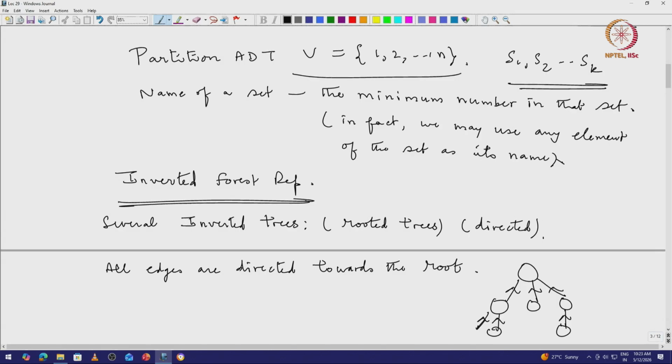From any node you can keep going to its parent, and parent to parent and so on, and you can reach the root.